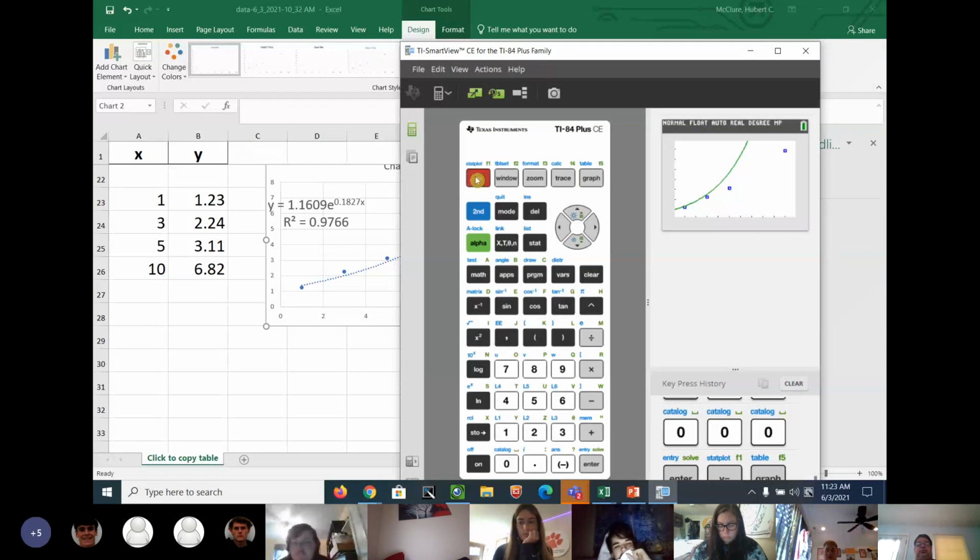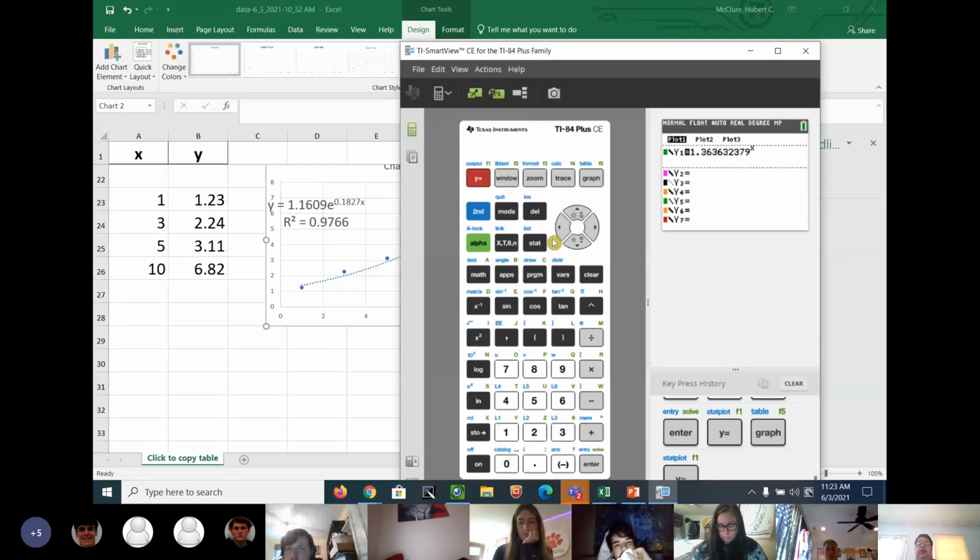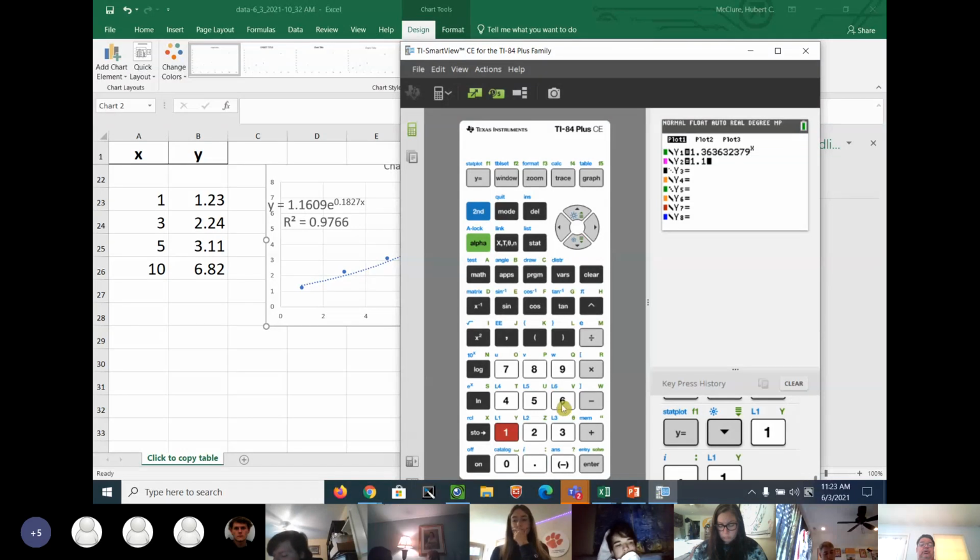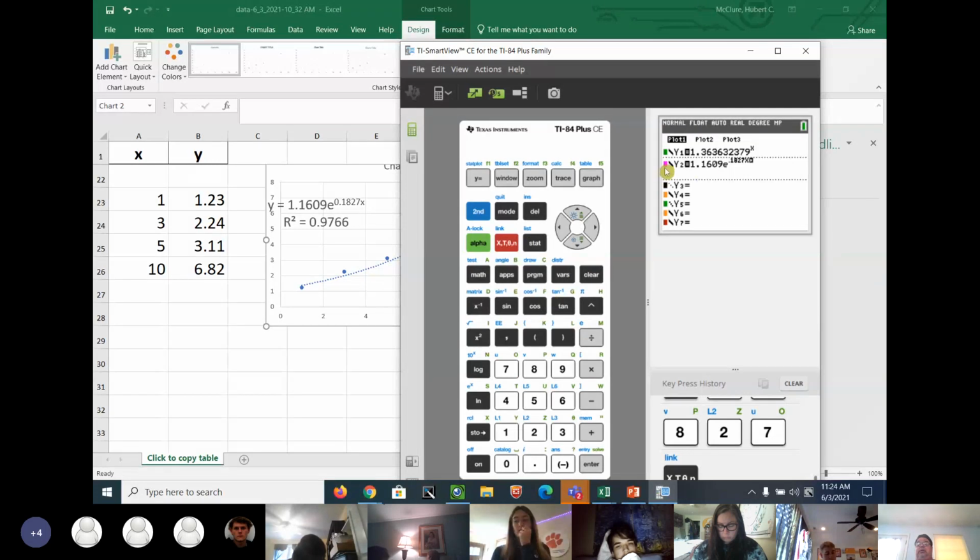But let's do this. Let's type in our function with the 1.1609 E, second natural log, 0.1827 X. I bet you $1 to a donut hole that this function, the pink line, is going to fit better than the green line.